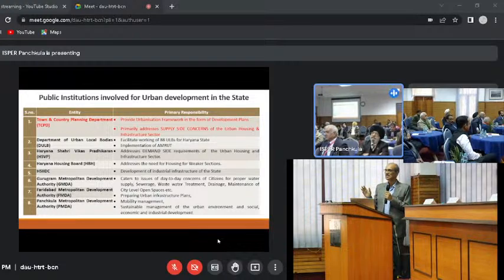So if we see the overall framework, the department is primarily involved with development plans and then regulating the private developers. So what we are addressing is the supply side concerns of housing and urban infrastructure. We are not directly addressing the demand side.